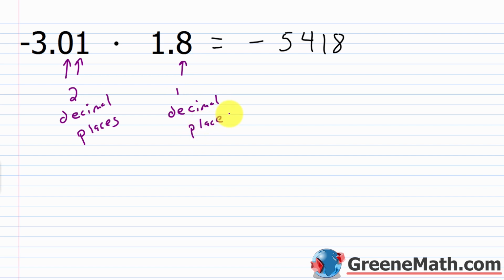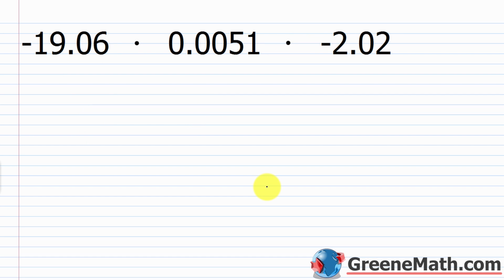So between both factors here, I have 3 decimal places. So my decimal point is going to go 3 places to the left. So I'm going to put it right there to start. And then I'm going 1, 2, 3 places to the left. So I'm going to end up with negative, okay, don't forget the negative out here, 5.418 as my answer.